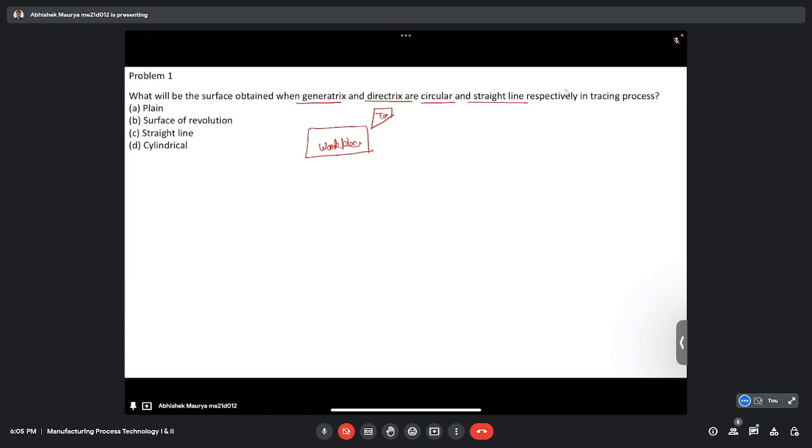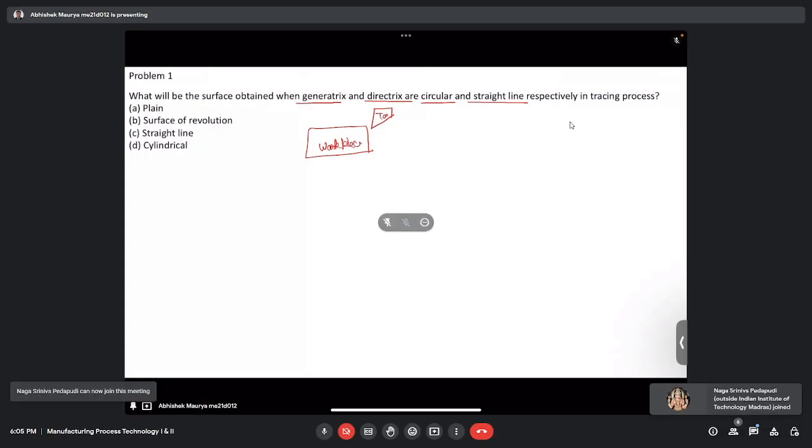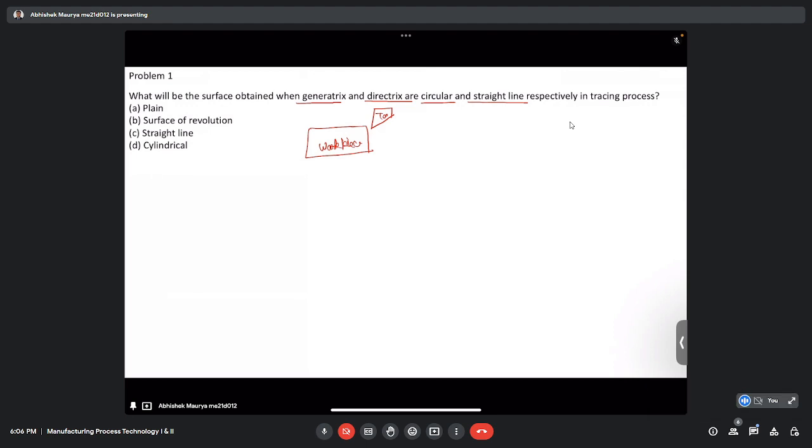So there are basically two motions involved. Either our tool can move, or the workpiece can move, or both can move. Based on this, there are two types of motion. The first one is the primary motion.